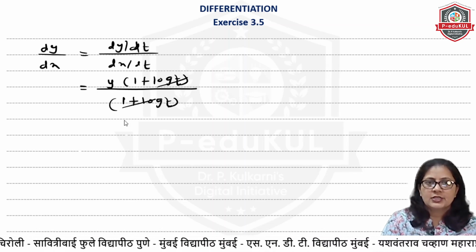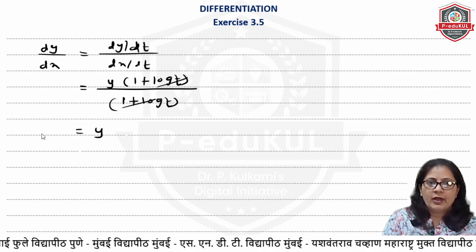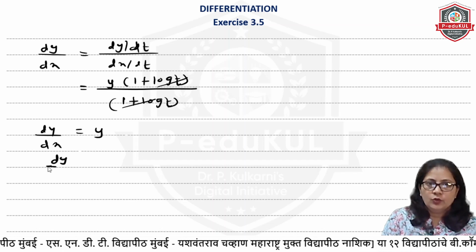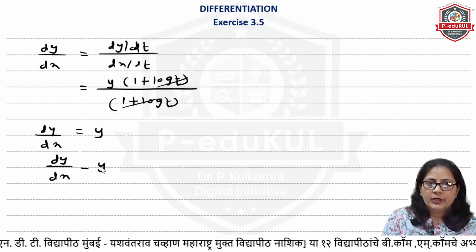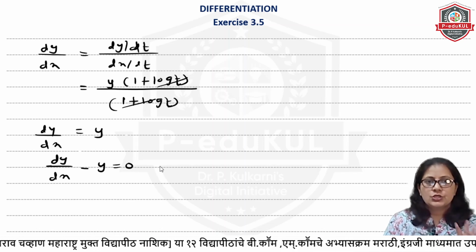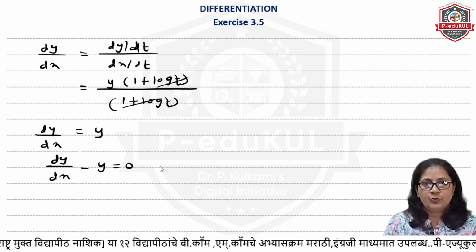So this will get cancelled and only y remains, and this remaining y we will take here. So that is dy by dx minus y is equal to 0. So this is how we have completed exercise 3.5.